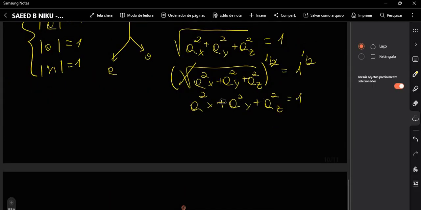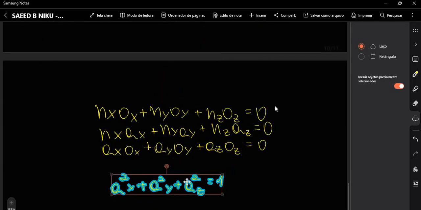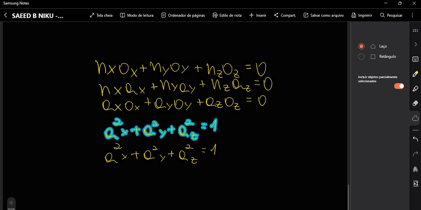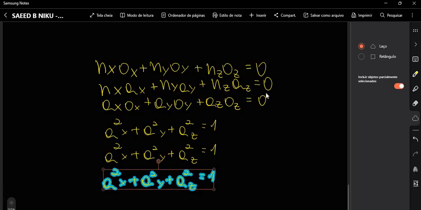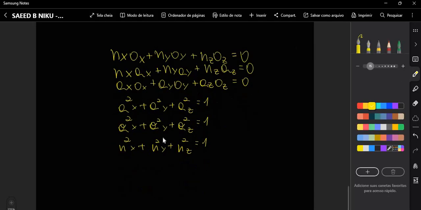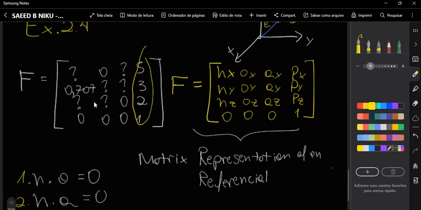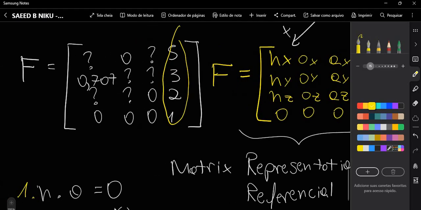And we will do the same for the other components, for the other unit vectors, now for N and O. Okay, and it asks us to find these missing elements.